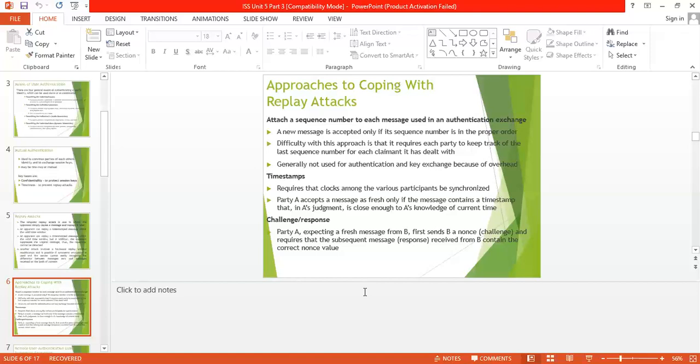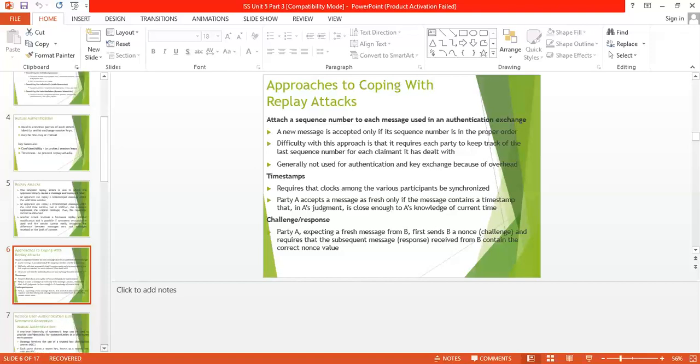And the second, the challenge response approach is unsuitable for connectionless types of application because it requires the overhead of a handshake before any connectionless transmission, effectively negating the chief characteristic of a connectionless transaction. So basically, these are the two approaches: one is timestamp, the other is challenge response.